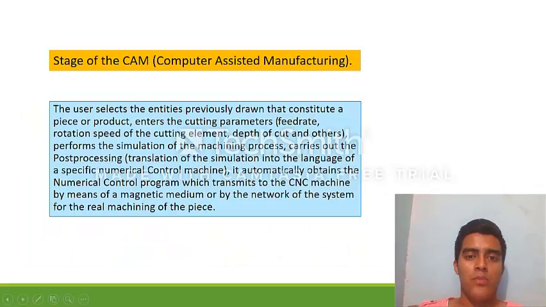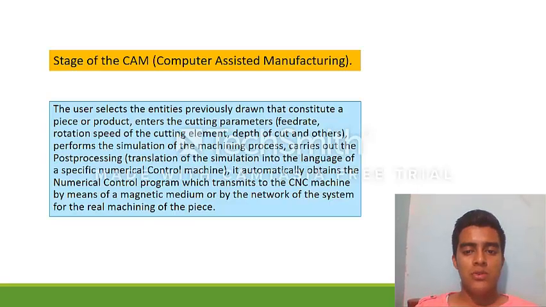Stages of CAM, computer-aided manufacturing. The user selects the preview, drafts the constituent piece of the product, and enters the cutting parameters, feed rate, rotation speed of the cutting element, depth of cut, and others. It performs the simulation of the machining process, carries out the post-processing and translation of the simulation into the language of the specific numerical control machine.